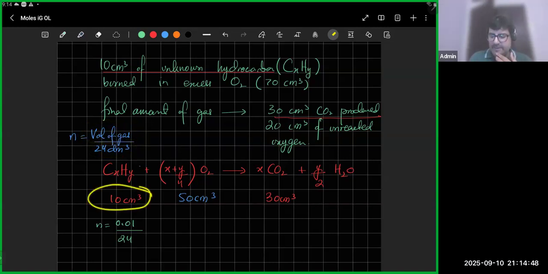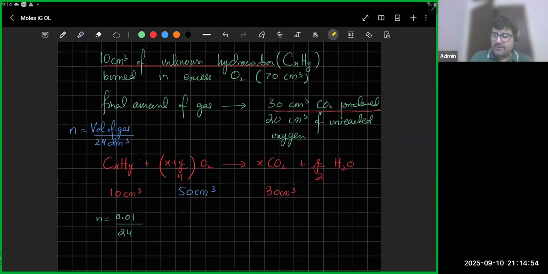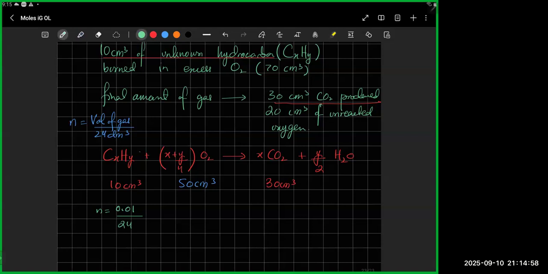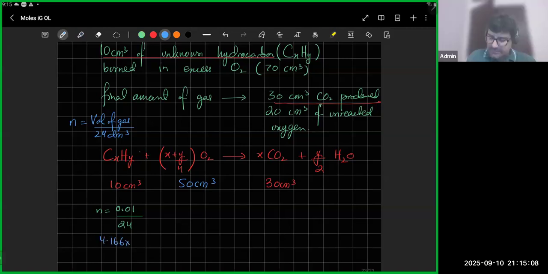So what are we getting for moles? Sir, 4.166 times 10 power minus 4 moles.